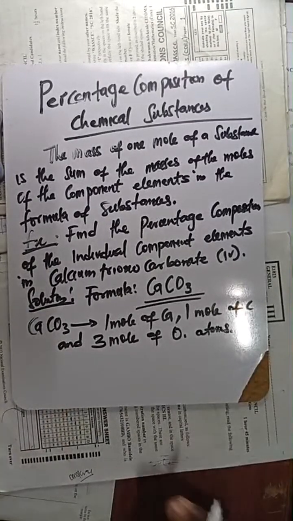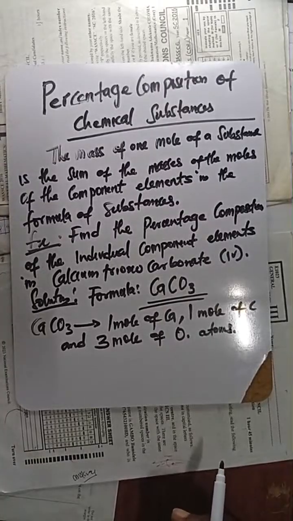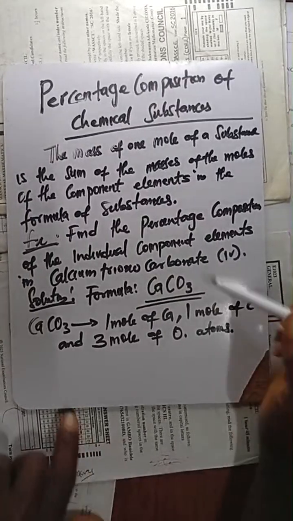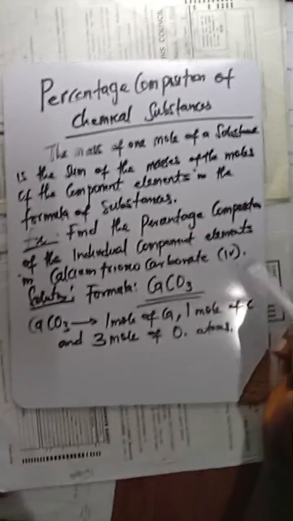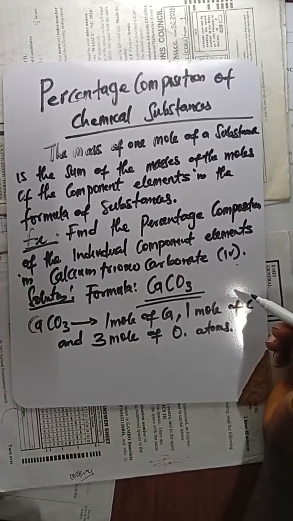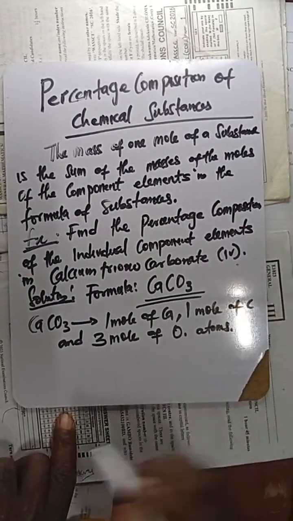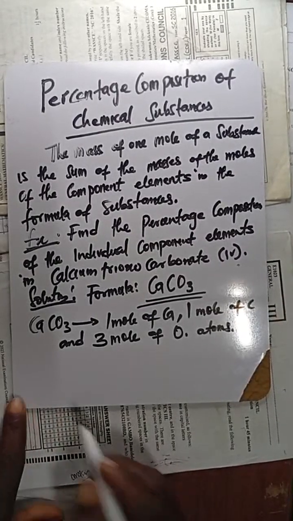So this is exactly what you want to calculate that will give you the percentage composition of each one. Now, naturally, before we start doing that, we firstly do something we call molar mass.